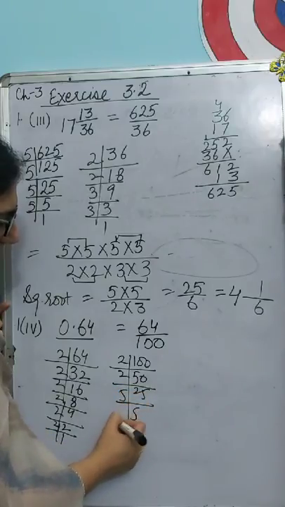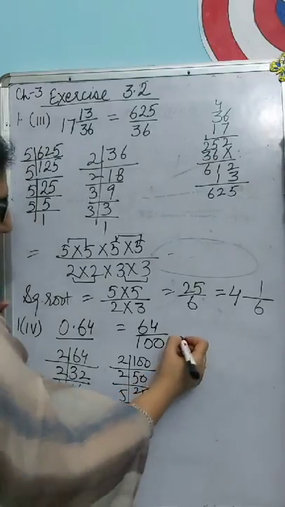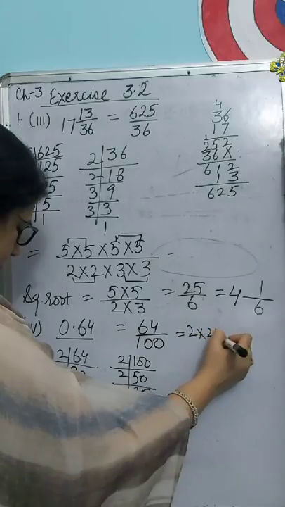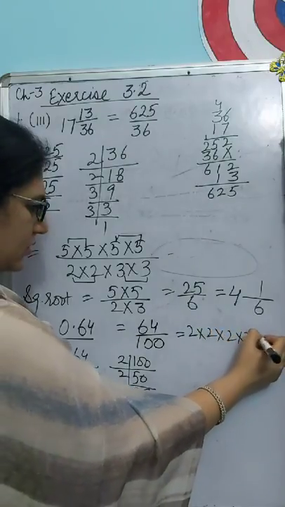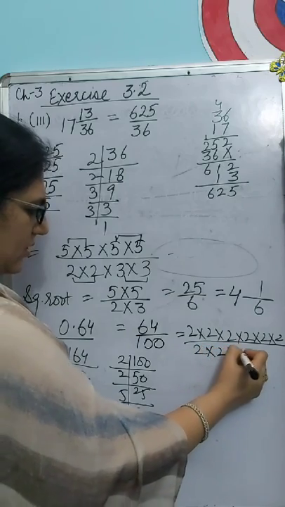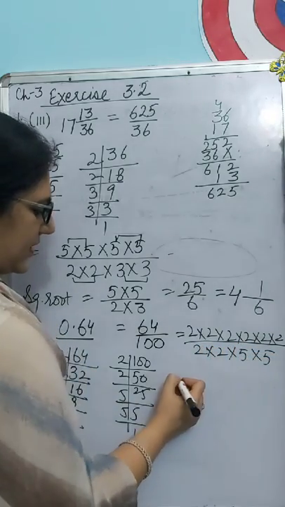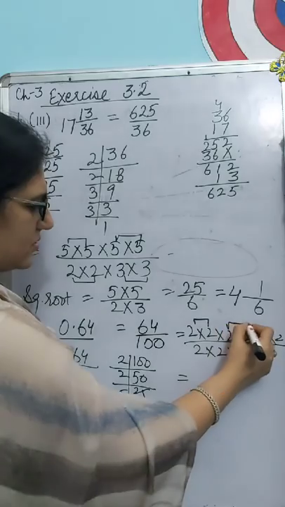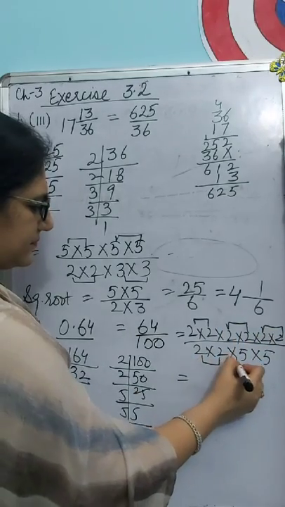225, 5, 5 and 5, 1. So write down 2 into 2, 2 into 2, 2 into 2 divided by 2 into 2, 5 into 5. So hence we get 2, 2, 2.